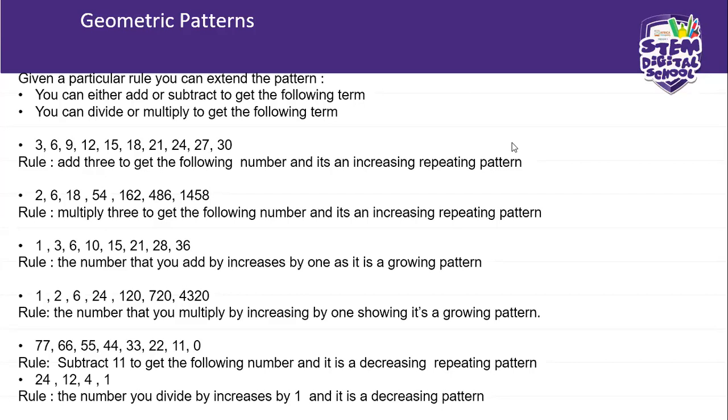Hence, if you're not following the rules set by geometric patterns, you are no more going the way in which you can get the next term, because geometric patterns have particular rules in order for you to get the next term.